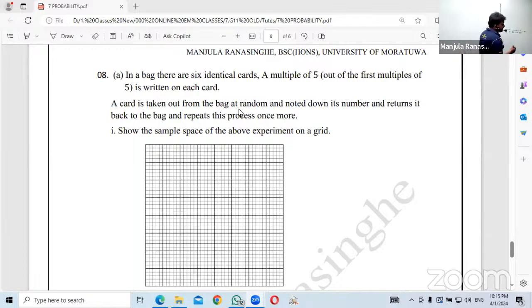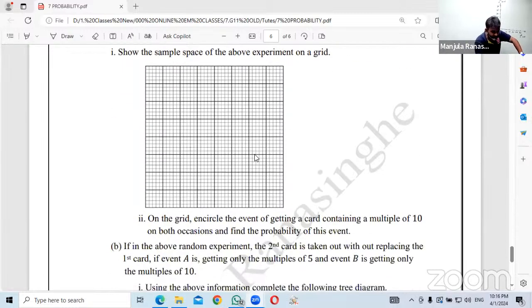That is the second card. So this is the sample space of the experiment on a grid.